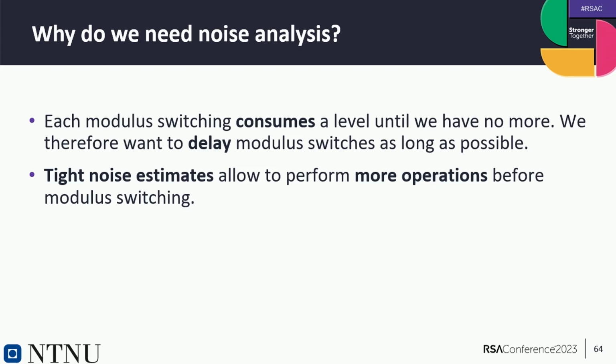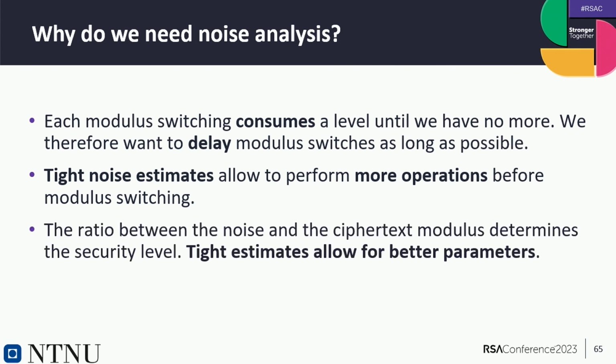The tighter our estimates of the noise are, the more operations we can squeeze in before we eventually have to modulus switch. Also, since the security level of the scheme depends on the ratio between the noise and the ciphertext modulus, a good idea of the noise may allow us to choose better parameters.